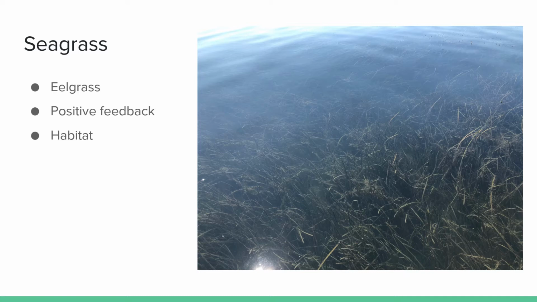And these things also prevent sediment from being suspended in the water. So the more seagrass there is, the better the conditions are for more seagrass to grow. But if this cycle is broken, it's hard for the seagrass to reestablish. Seagrass is also important because it creates food and habitat for many organisms that live in the lagoons.